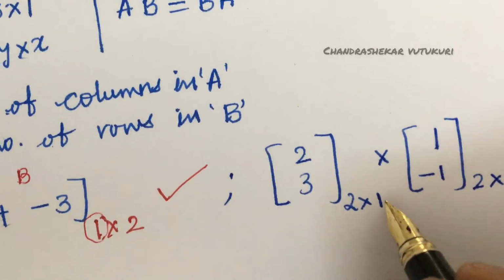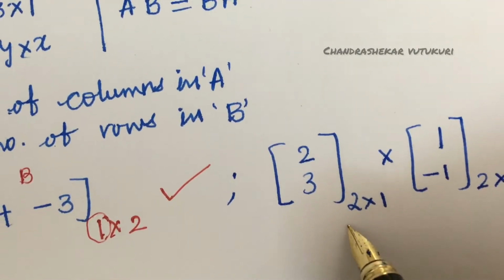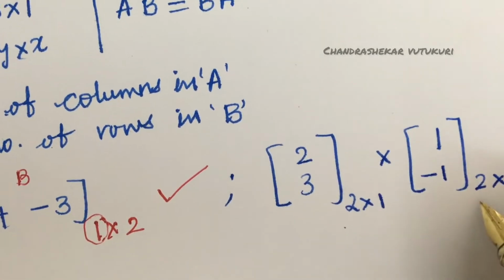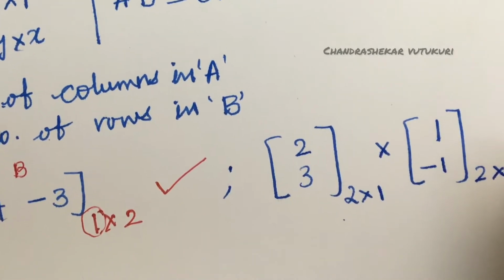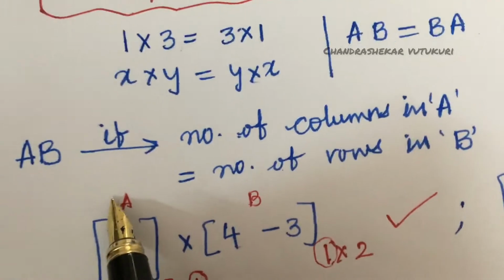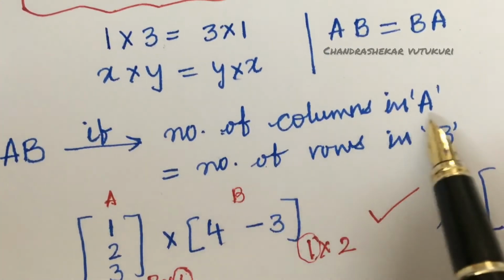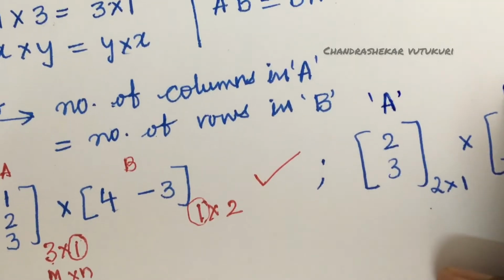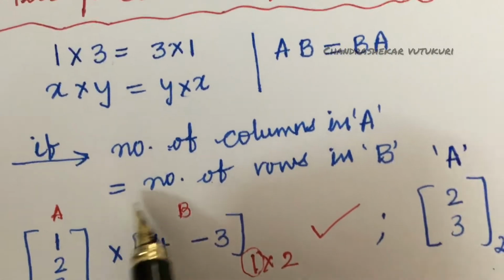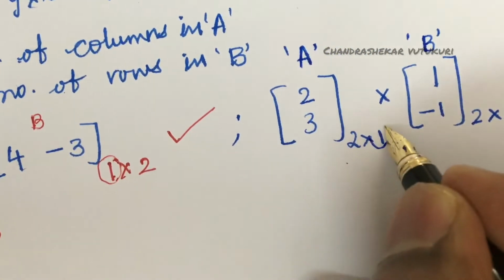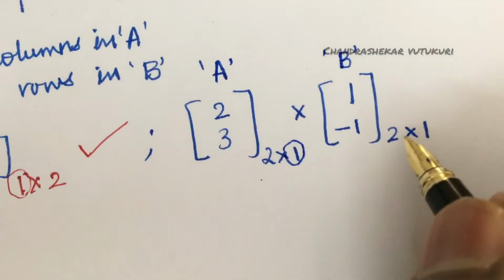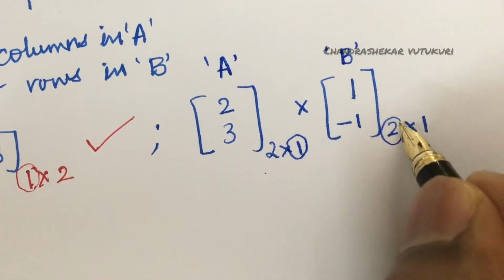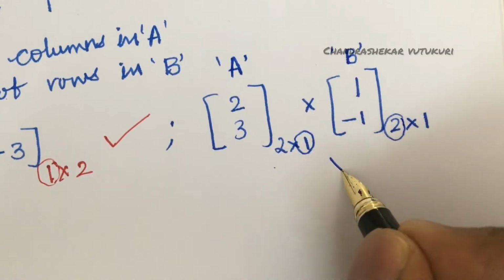Now, if you look at the order of the matrices, the rows are 2 and the columns are 1 for both. But as per the compatibility, the number of columns in A, let this be matrix A, and let this be matrix B, the number of columns in A is 1, whereas the number of rows in B is 2. Hence, it is not compatible.